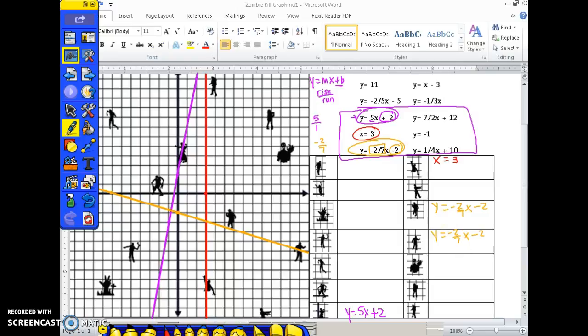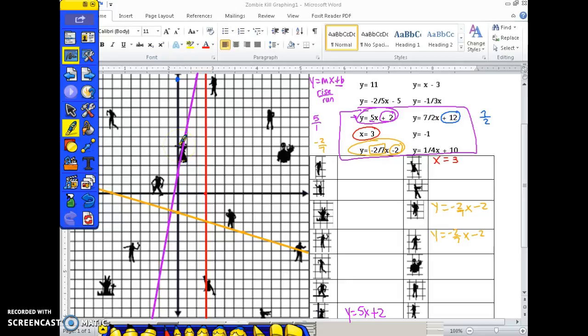Now, y equals 7/2x plus 12. Again, we start at our y-intercept. We're going up 12. 1, 2, 3, 4, 5, 6, 7, 8, 9, 10, 11, 12. Put a 12 on your y-axis. And then 7/2. I can't go up 7, so I'm going to go down 7. 1, 2, 3, 4, 5, 6, 7.